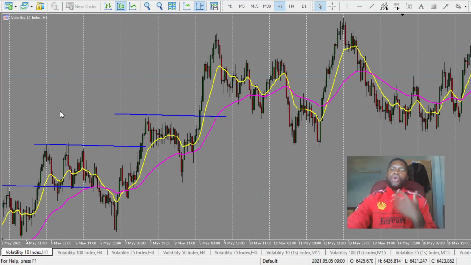Okay, so when we go to the H1 time frame, right, you can see that we are now on Volatility 10 Index H1, right, and we want to identify these reversal patterns. I've seen that these reversal patterns that present over the course of 2 days instead of 1 will produce a much greater chance of you nailing these reversals.